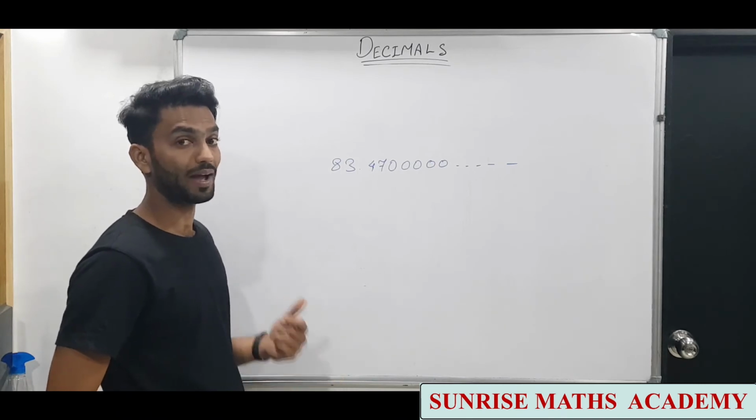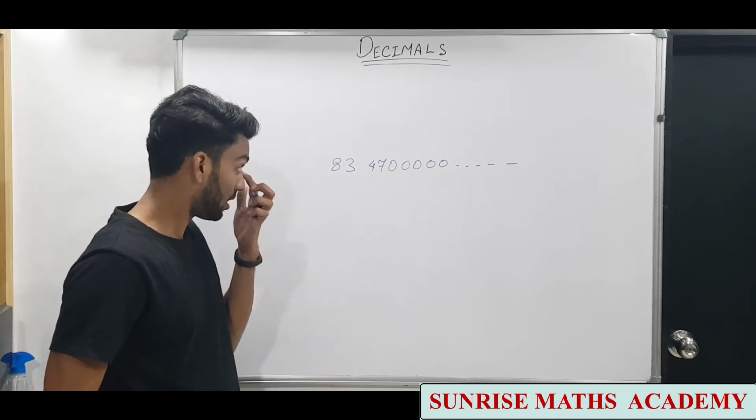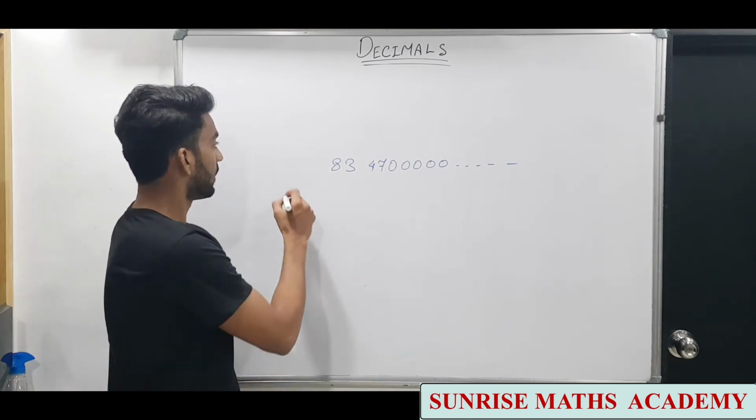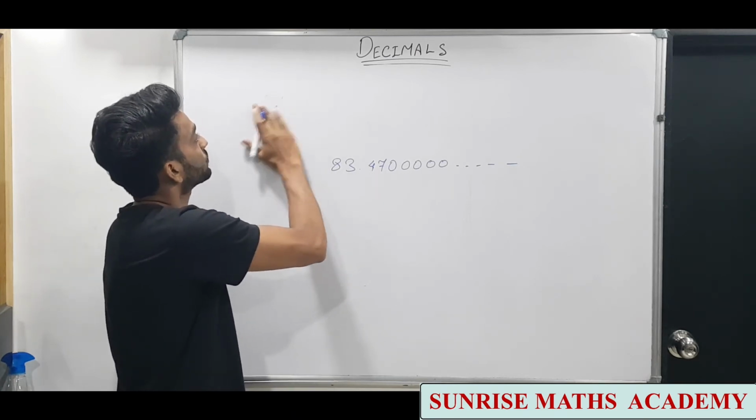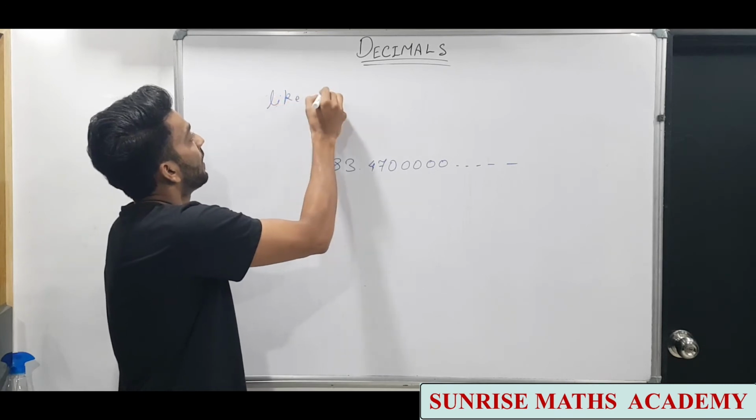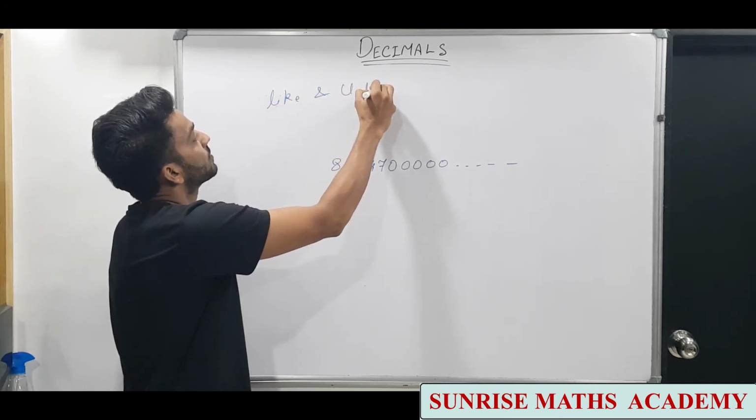Now why do we need to understand this property? There are like and unlike decimals.